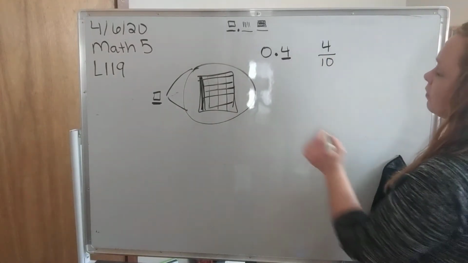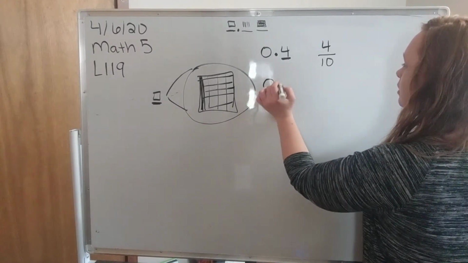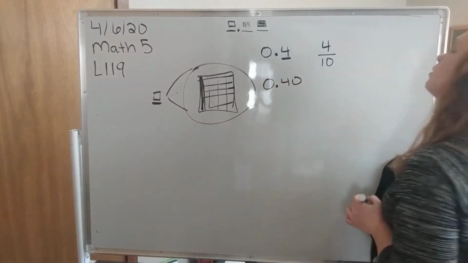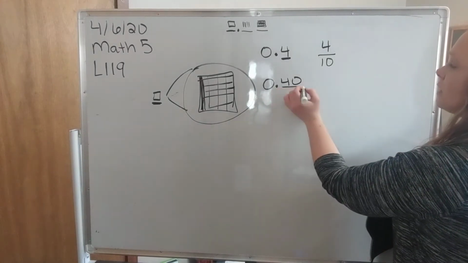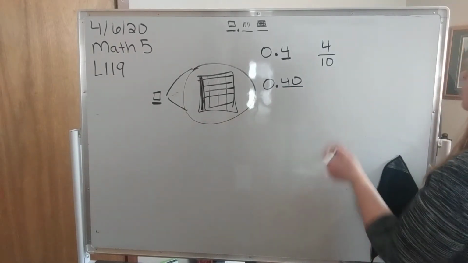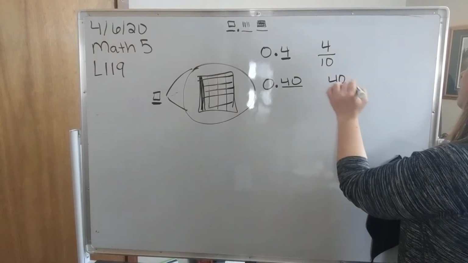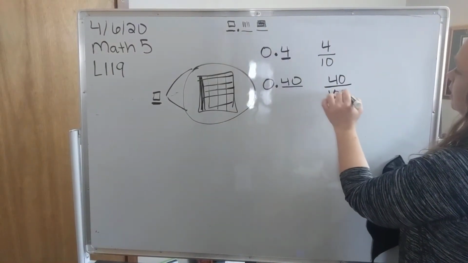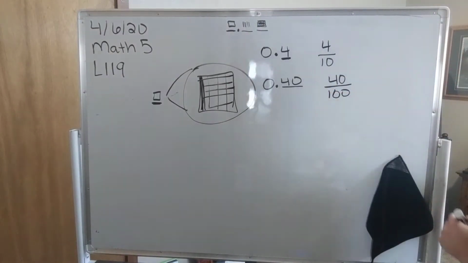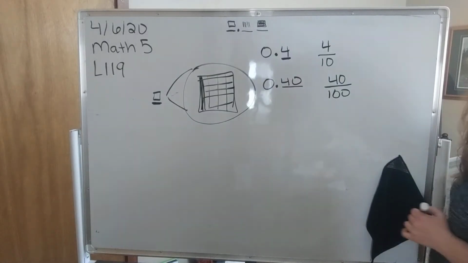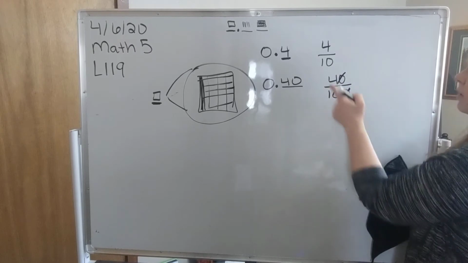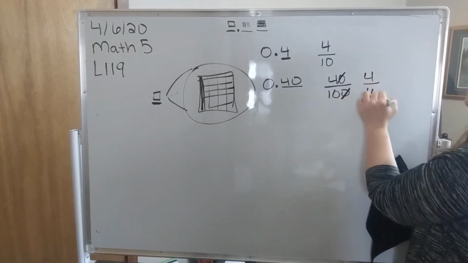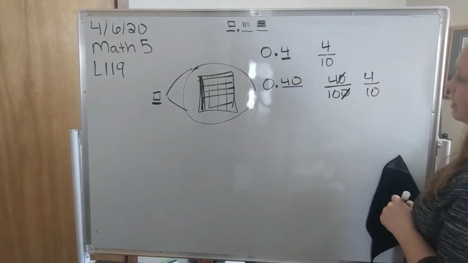Okay. What about this? Let's read this one. This one is actually 40 hundredths. So let's write that fraction down. Okay, and let's go ahead and reduce that fraction. Mark out the zeros. And what am I left with? 4 tenths. Okay, they mean the same thing.